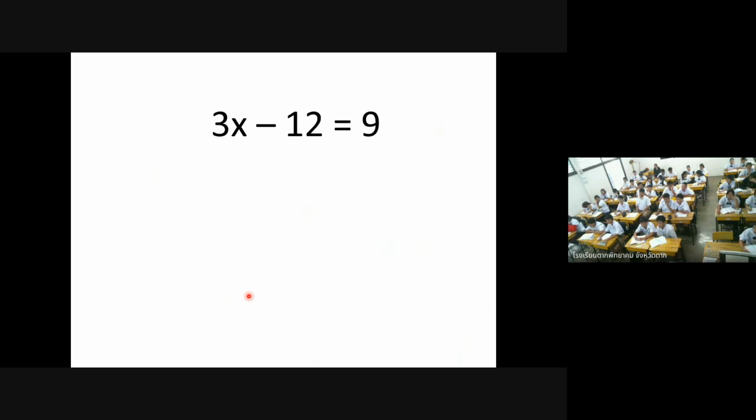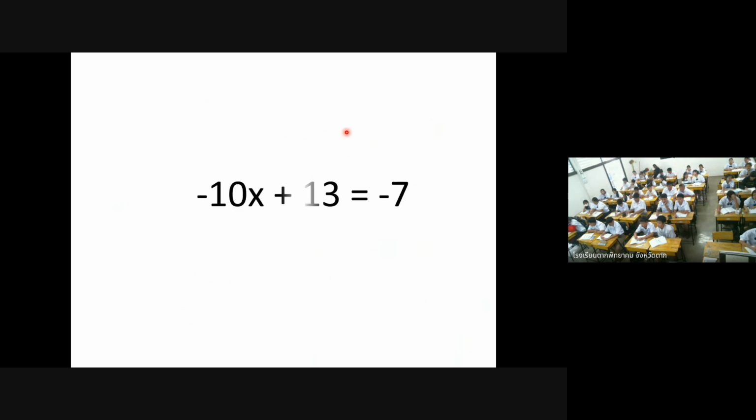Everyone read this? One hand up. 3x minus 12 equals 9. Okay, 3x minus 12 is equal to 9. How about this one?